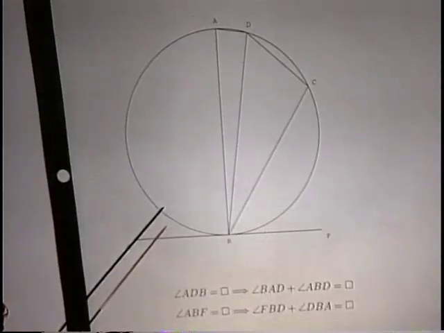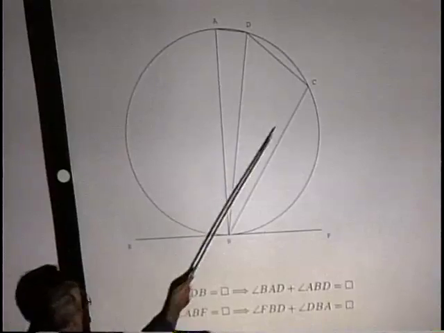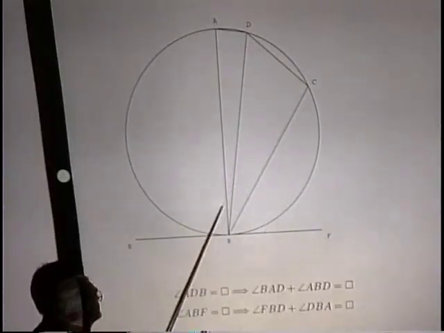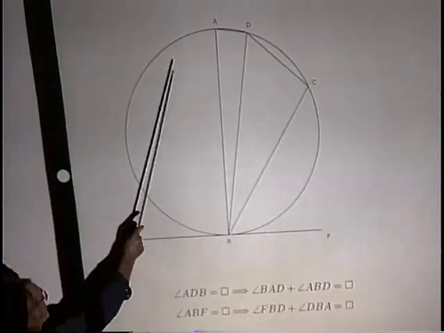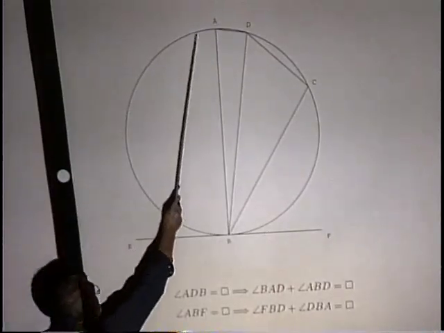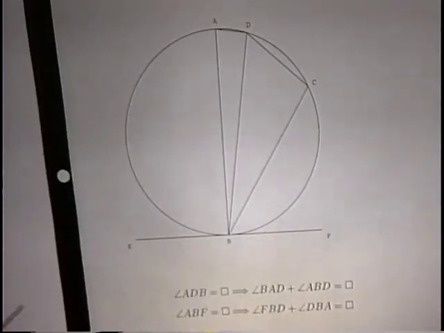So what are we trying to show? We're trying to show that this angle is equal to that. Now, angle ADB, by the first remark I made, we have a diameter. We put this triangle ADB inside a semicircle, necessarily a right angle. So there it is.